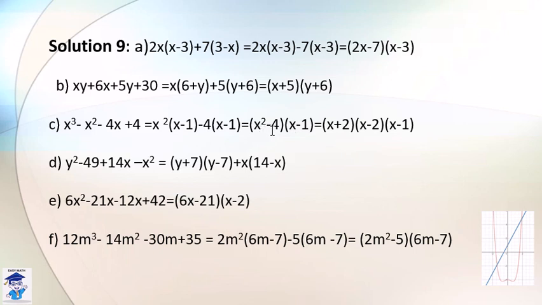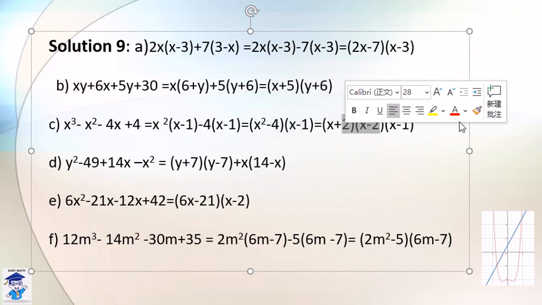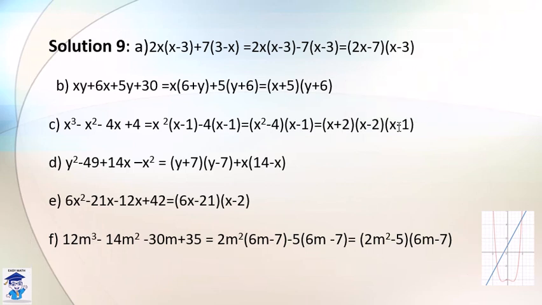So keep going, factor x squared minus 4 to become x plus 2 times x minus 2. So the final answer is x plus 2 times x minus 2 times x minus 1.